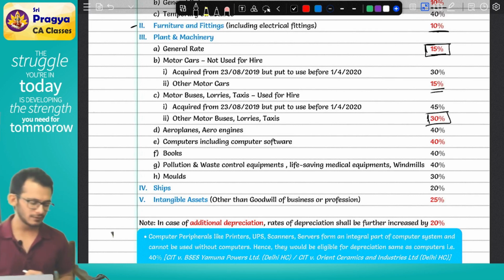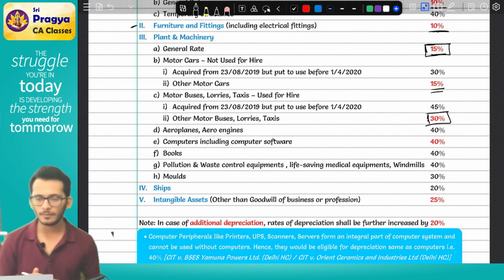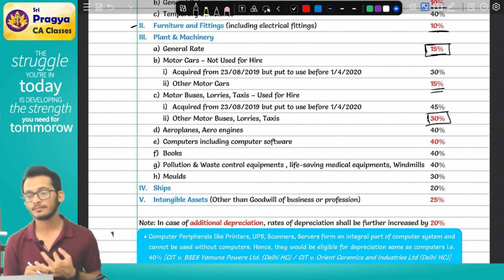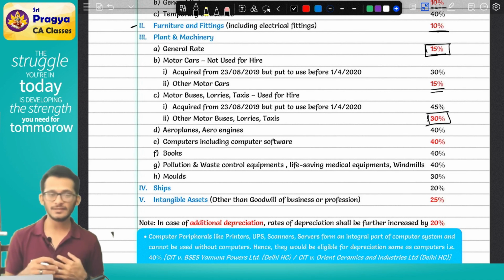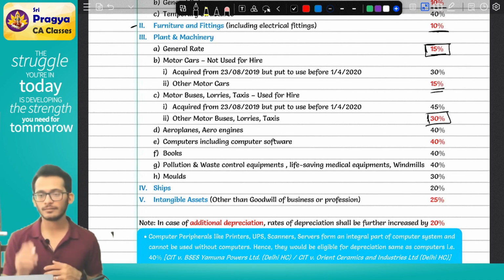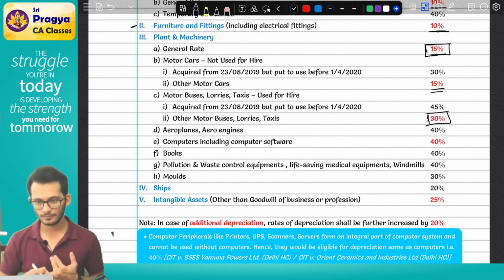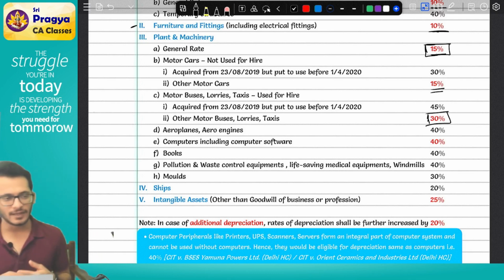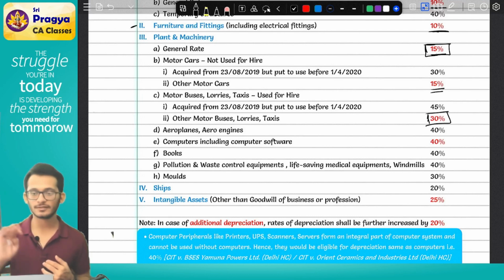Yes or no? Any kind of motor cars which you are using for hire will be at the rate of 30%. Then if you have aeroplanes, will they generally get destroyed faster or slower? Aeroplanes will be destroyed faster. If so, the depreciation rate should be highest or lowest? Highest.